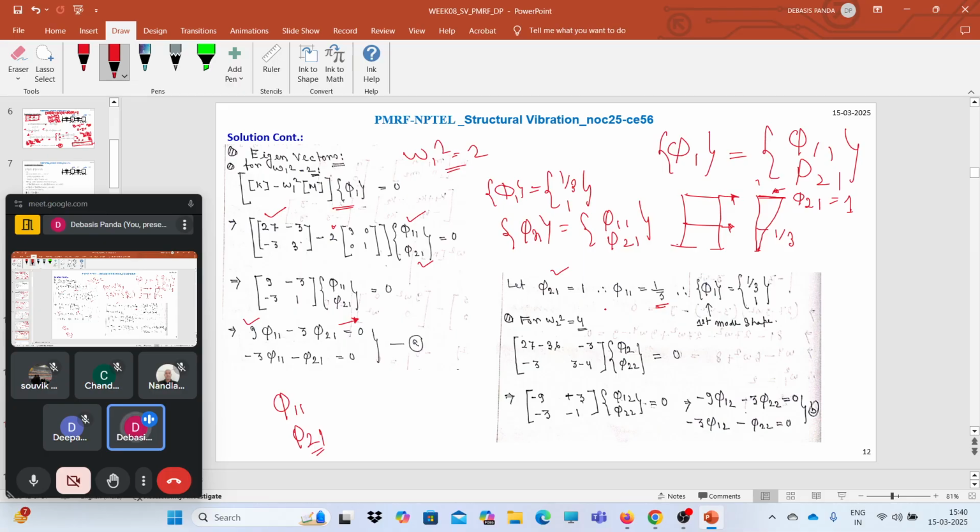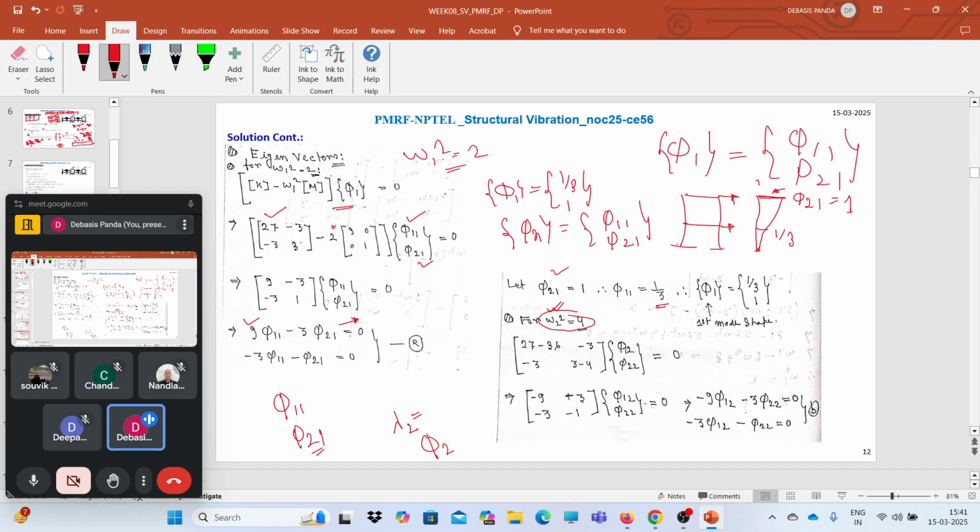Now for the second case, for the frequency 4, that means omega 2 square is equal to 4, corresponding to lambda 2, the second eigenvalue, we need to solve for the second eigenvector. That means corresponding to this natural frequency, we need to solve for the second mode shape.